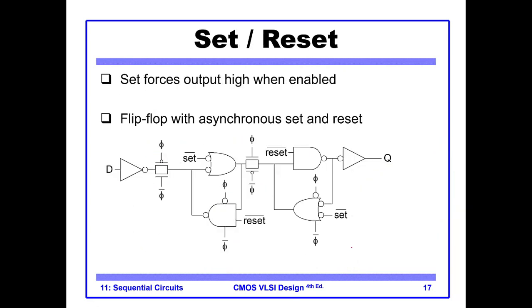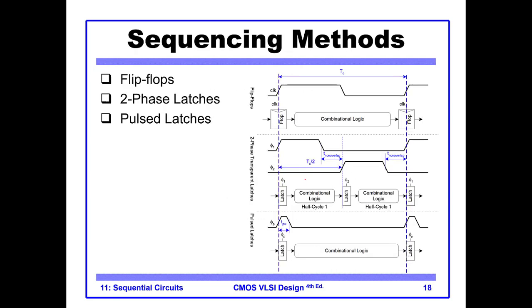Similarly, you can add set functionality. So you see it is through this or this design, so you can analyze the design. This is how you can add different inputs to a flip-flop. You can study this.